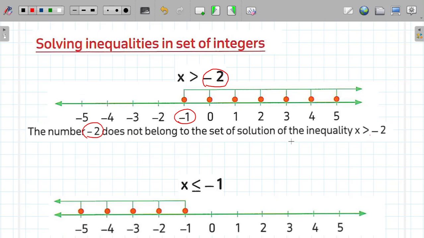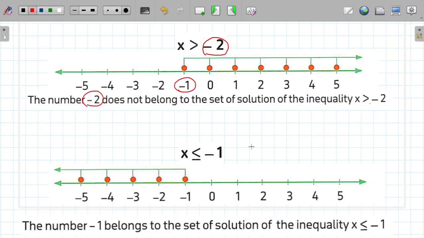sign here. But if I have an equal sign like the second one here, x is less than or equal to -1, I will start with -1 because -1 is among the solutions of the inequality, okay? So -1 is the biggest solution.